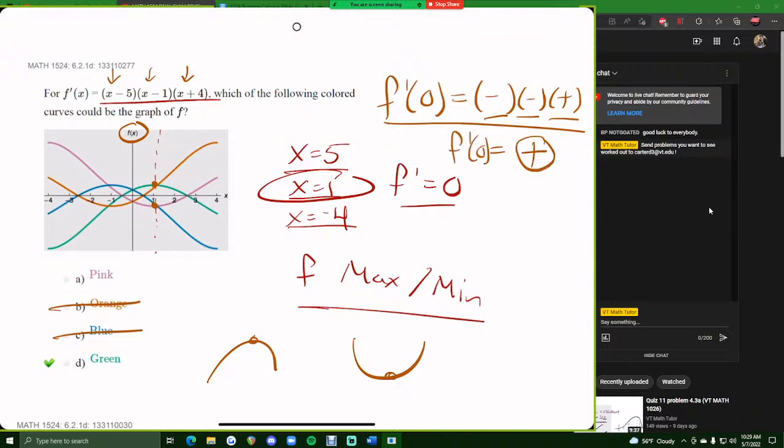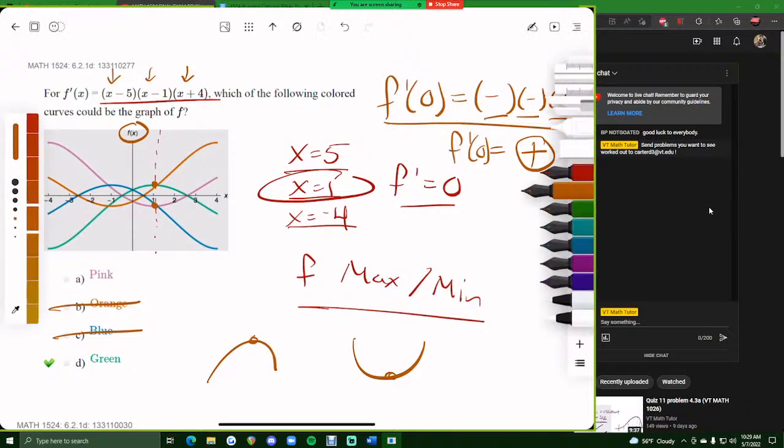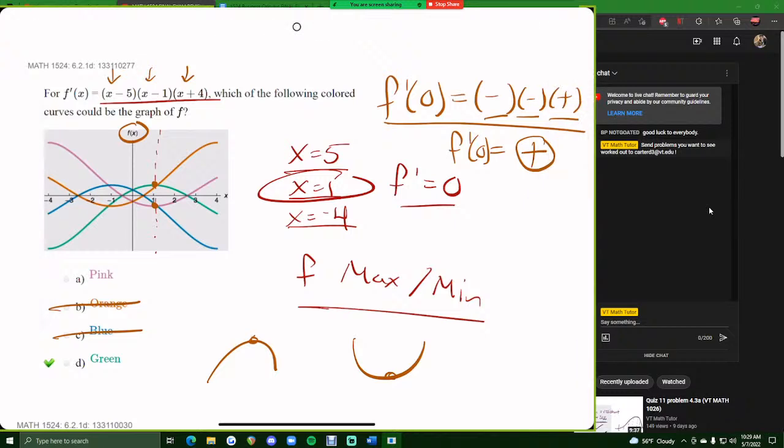An even number of negatives gives us a positive. An odd number of negatives multiplied together give us a negative. This tells us f prime at 0 is positive, which means f has a positive slope, specifically at x equals 0.